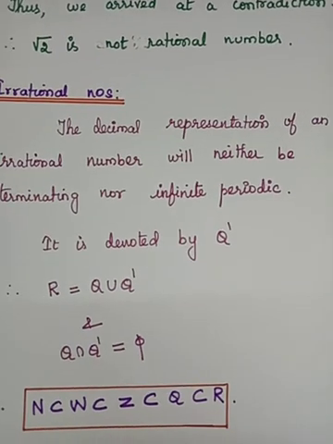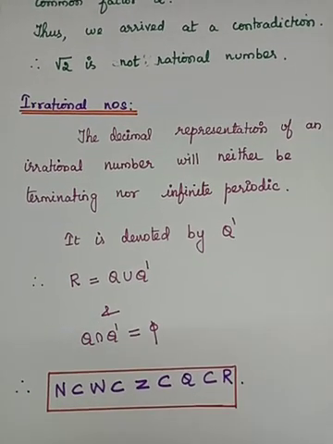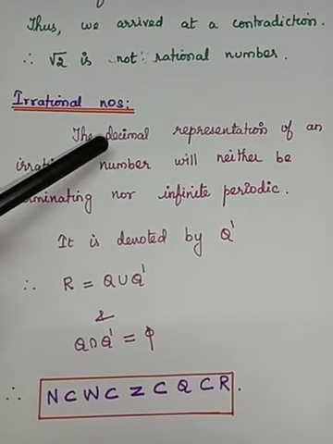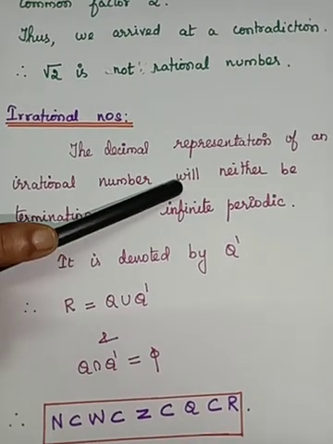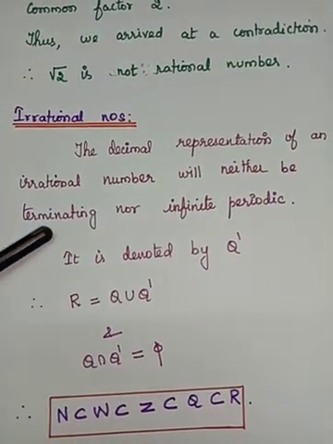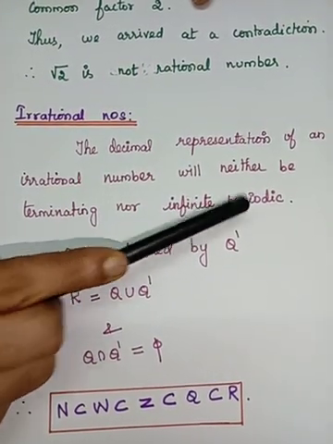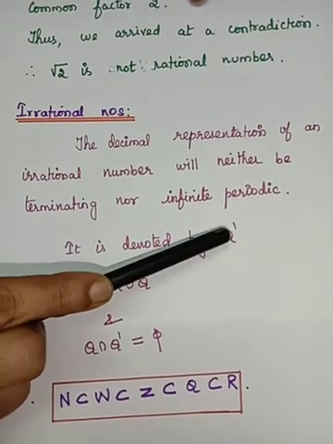If it is not terminating, then it should have infinite periodic decimals. But the decimal representation of an irrational number will neither be terminating nor infinite periodic. Okay. So you see that the irrational number symbol is Q dash.